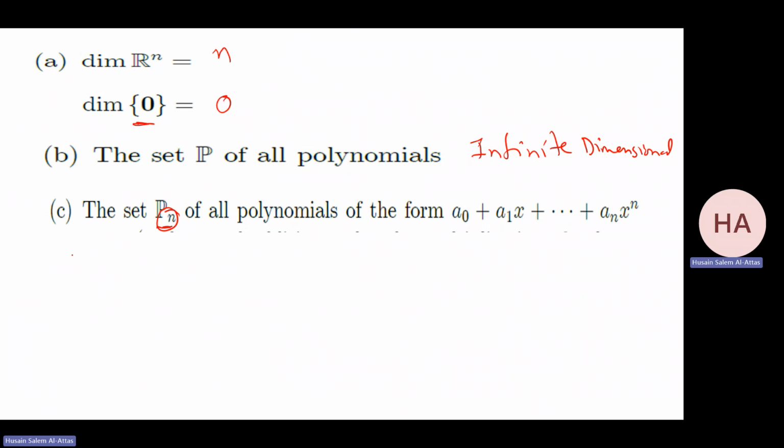This is for a fixed n. So I can take the basis 1, x, x squared up to xn. What is the dimension? It's not n, it's n plus 1. The dimension is n plus 1 because I have n plus 1 elements. Okay.